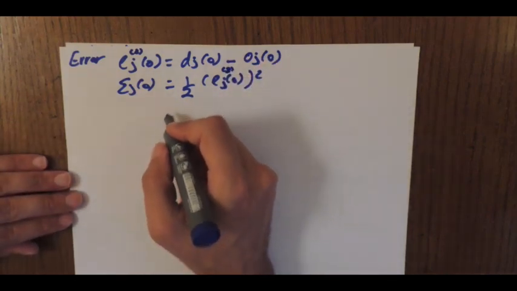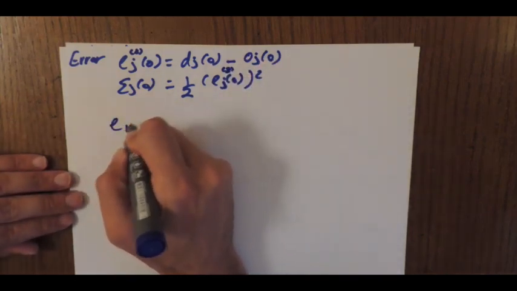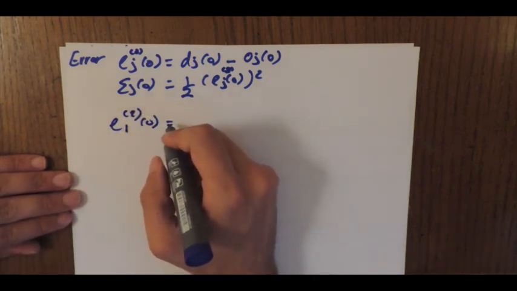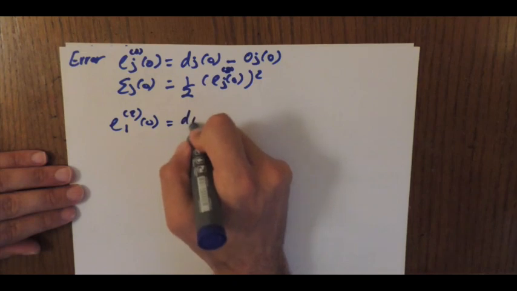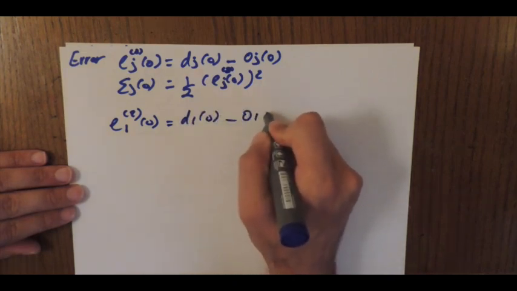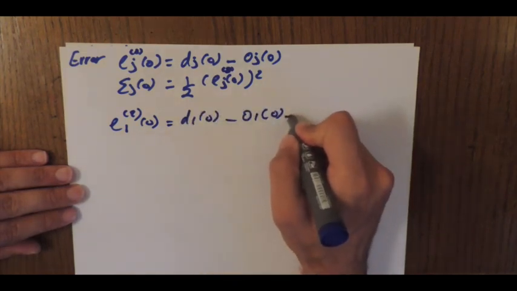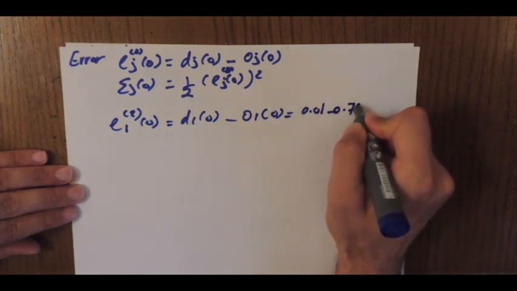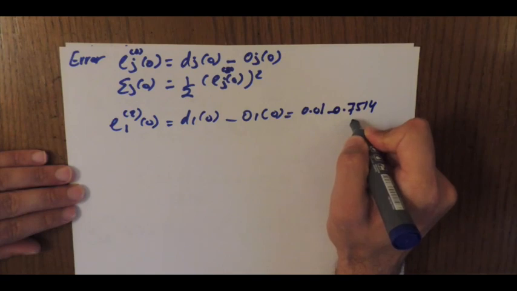Now, if we check the output layer, we have E1 of 2 of 0 is equal to D1 of 0 minus O1 of 0, which is equal to 0.01 minus 0.7514. This is given, this is calculated.